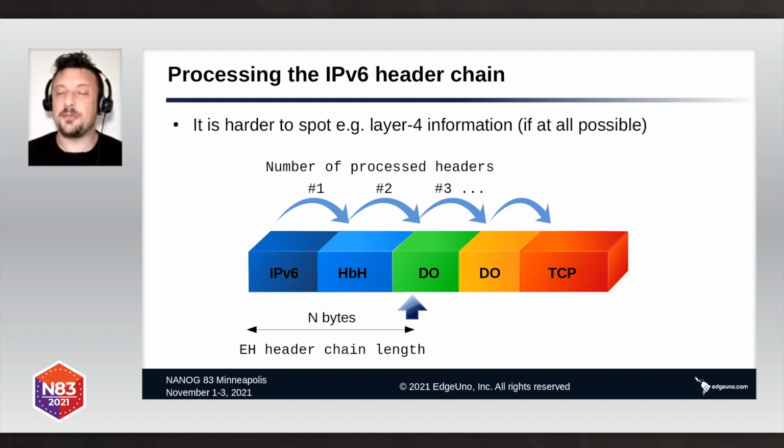So this is not friendly with a number of hardware architectures. On the other hand, if the packets were being processed by a general purpose CPU, having to jump from one header to another is going to have an impact, for example, on the CPU consumption. So that's one part of the problem.